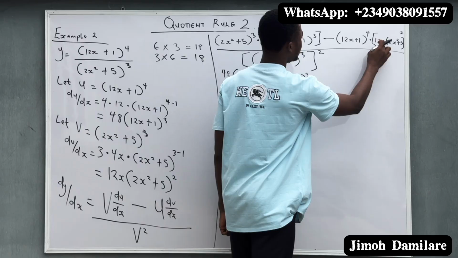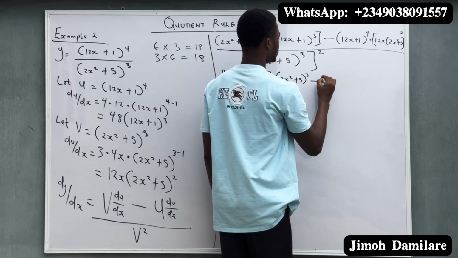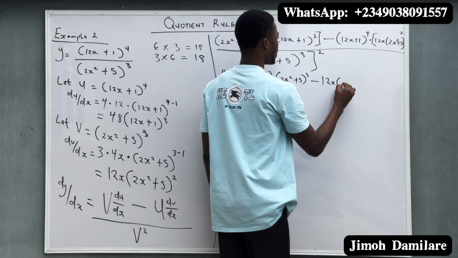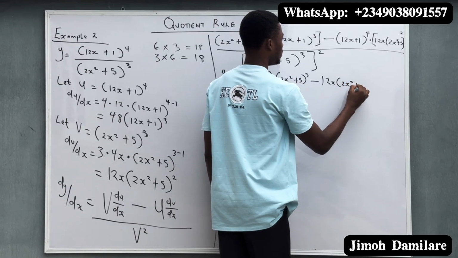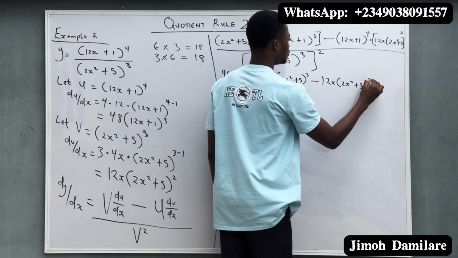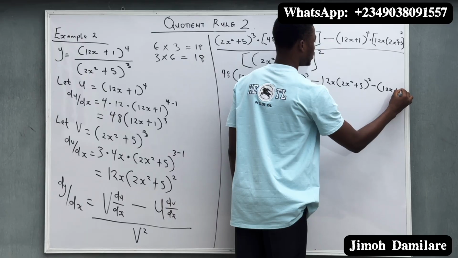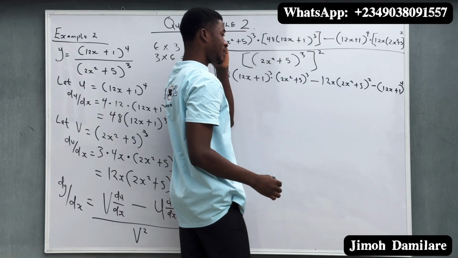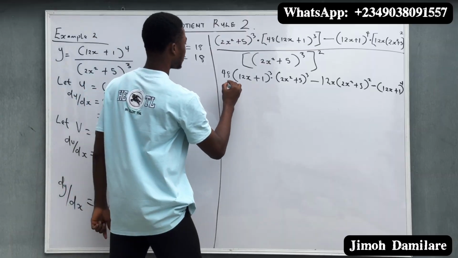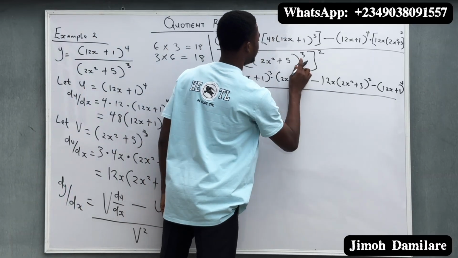Also we can do the same for this by bringing this 12x to the front. So we have 12x open bracket 2x squared plus 5 raised to power 2 minus open bracket 12x plus 1 raised to power 4. So we can rewrite this in this sense all over. Don't forget our v square.